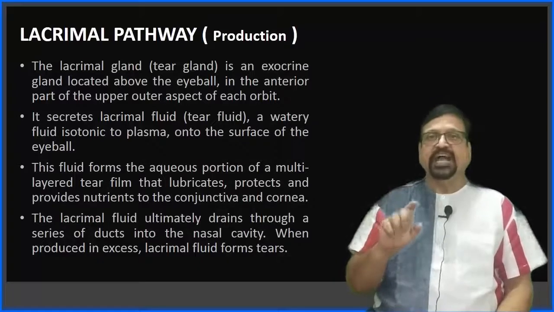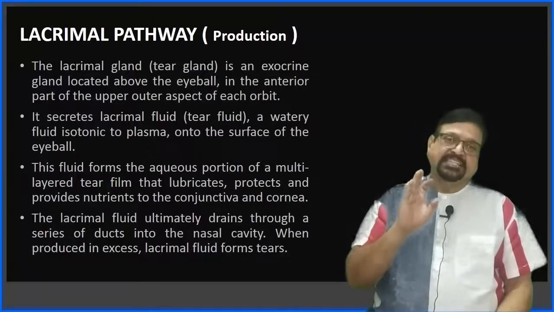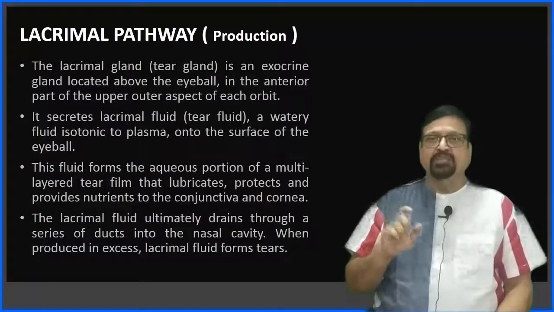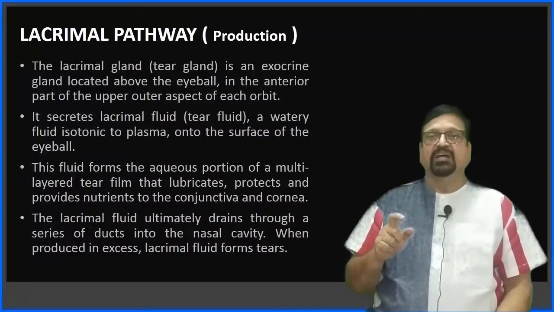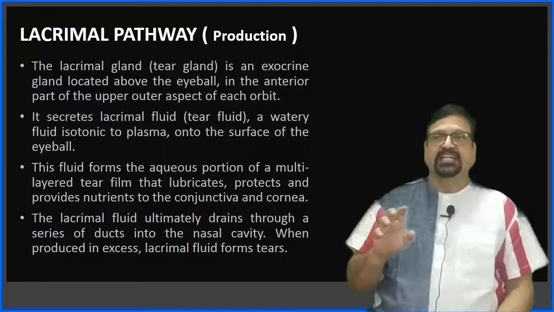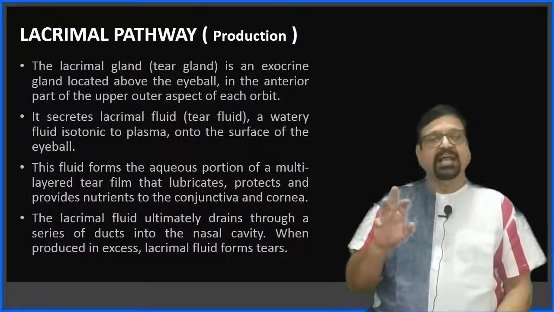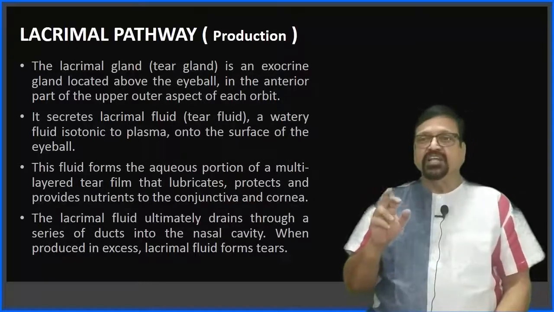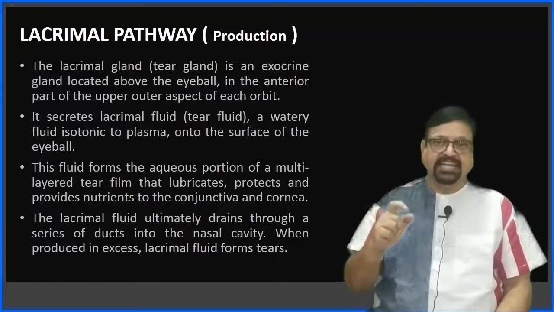It's a watery fluid isotonic to plasma, the secretion coming from the exocrine gland that spreads over the eyeball. The fluid forms the aqueous portion of the multi-layered tear film that lubricates, protects and provides nutrition to the conjunctiva and cornea. Lacrimal fluid ultimately drains through a series of ducts into the nasal cavity.